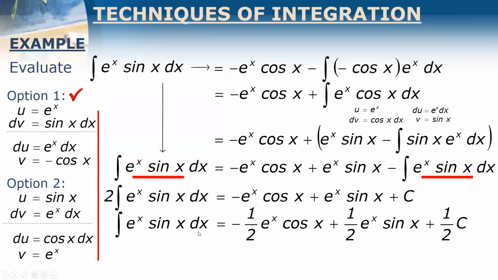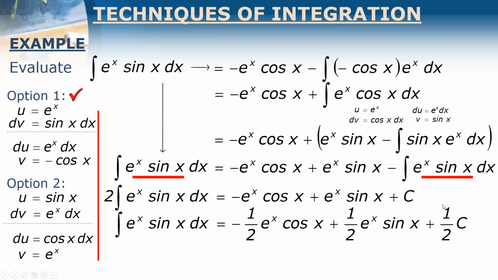So, we have this, divided by 2. The integral of e to the x sin x dx is equal to negative 1/2 e to the x cosine x plus 1/2 e to the x sin x plus 1/2 of c. And again, as explained in the previous sample problem, a constant multiplied by another constant will result in a constant.